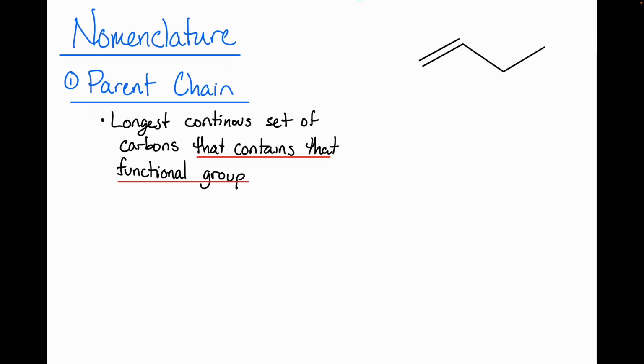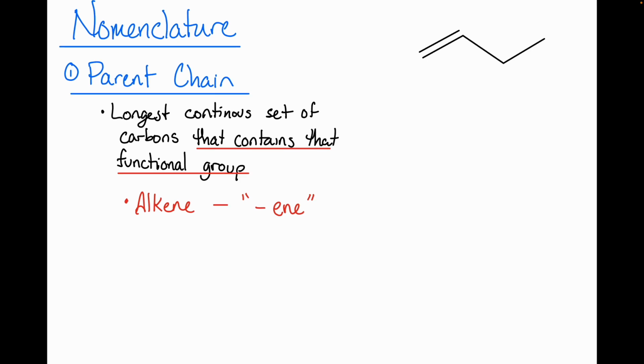And since we have a new functional group, we have a new suffix here. Alkenes use that E-N-E ending. My longest continuous set of carbons necessarily containing that carbon-carbon double bond would be these four here.